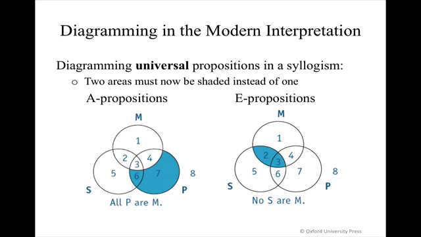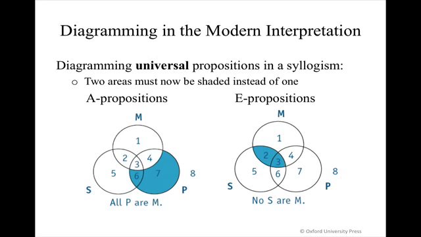Now, we shade areas 6 and 7 without concern for what's happening in the S class. That's because the sentence is about the relationship between P and M and has nothing to do with the S class. Take a look at the E proposition. Here we have a minor premise. How do we know that?